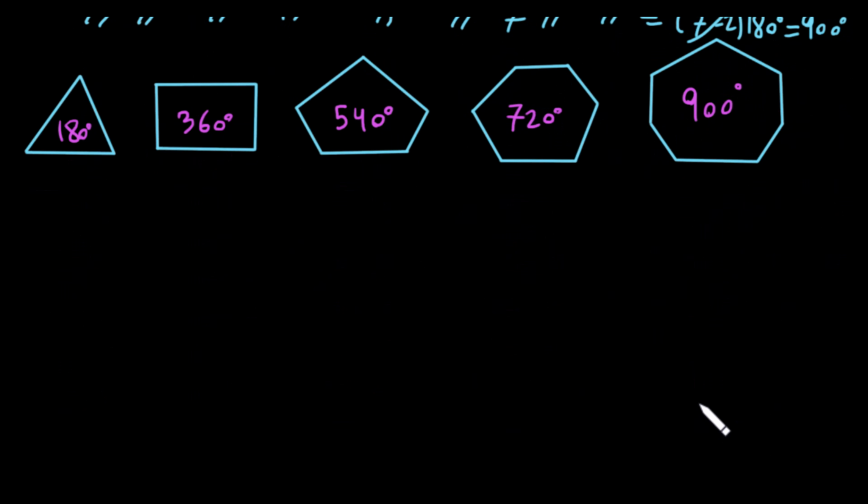Now let's take an example. Let's say you have this shape, and if this angle equals 60 degrees and this one 50 degrees, we want to find this x. How to find this x? We know the sum of interior angles of a triangle is 180 degrees.